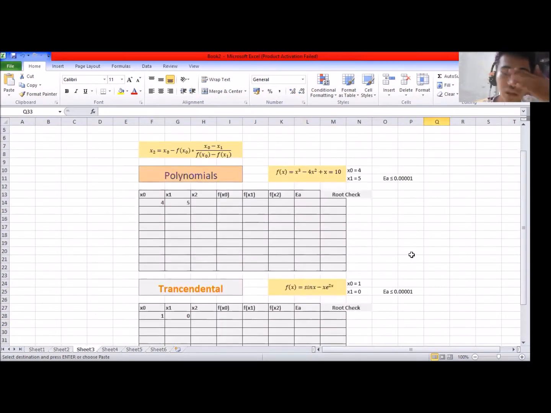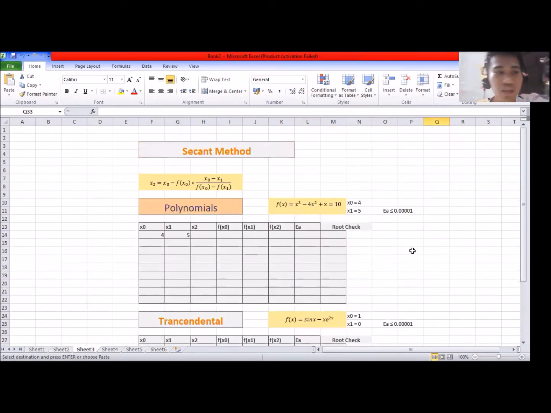So let's move on to the second method. In the second method, it is the same as the regula falsi function, but in terms of using the initial roots, you need to copy the x of 0, x of 1 and x of 2. So let's move on to the functions.